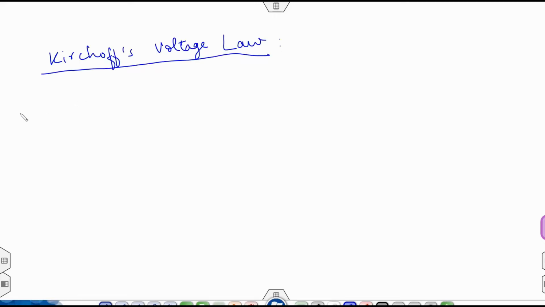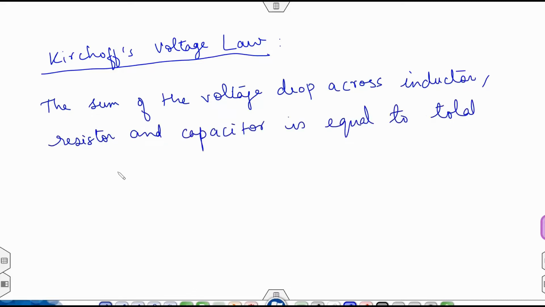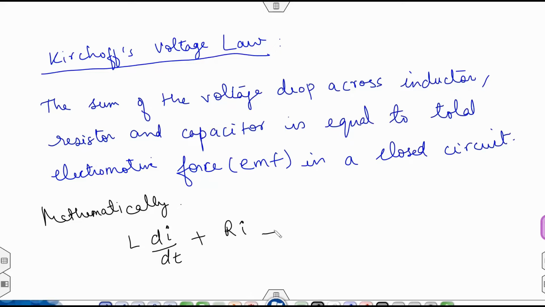The sum of the voltage drop across inductor, resistor and capacitor is equal to the total electromotive force, that is EMF, in the closed circuit. So I'll write this mathematically. This is the voltage drop across the inductor plus the voltage drop across the resistor plus the voltage drop across the capacitor is equal to this, the EMF.